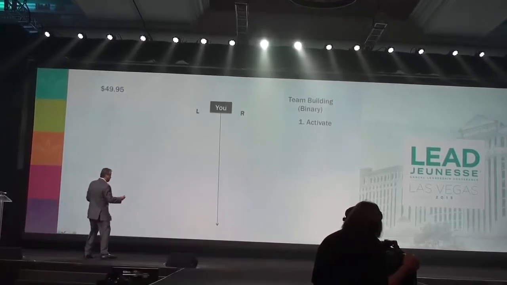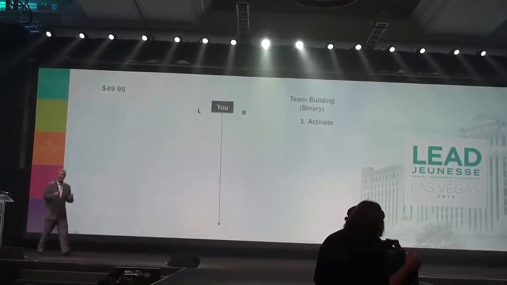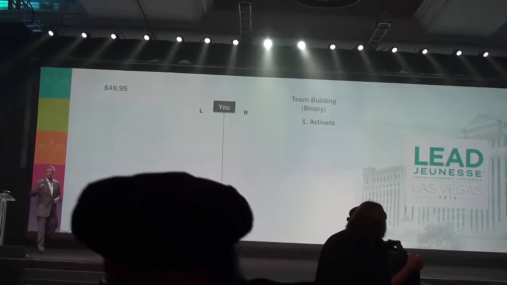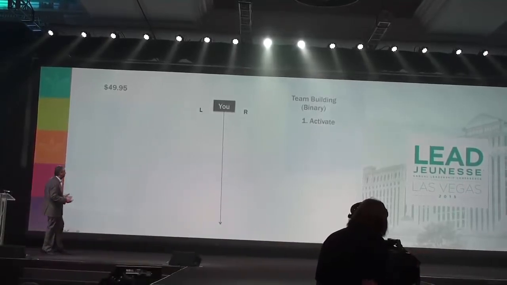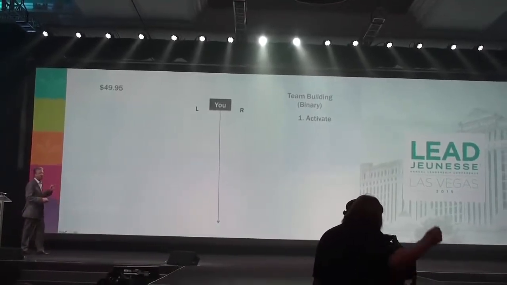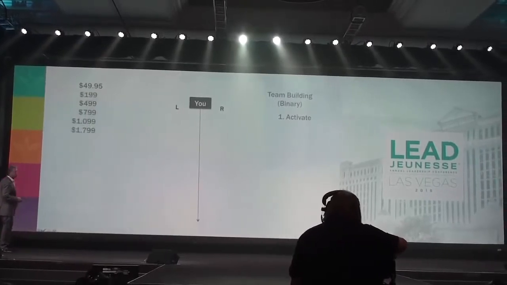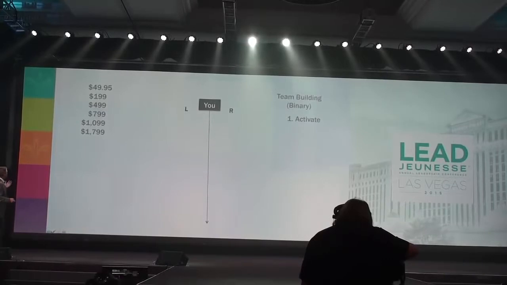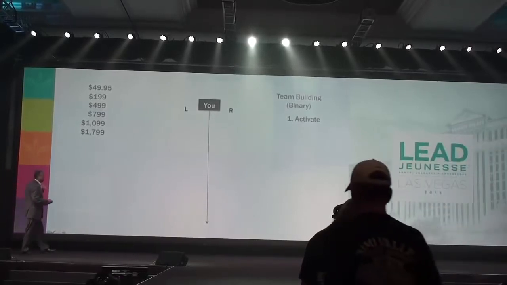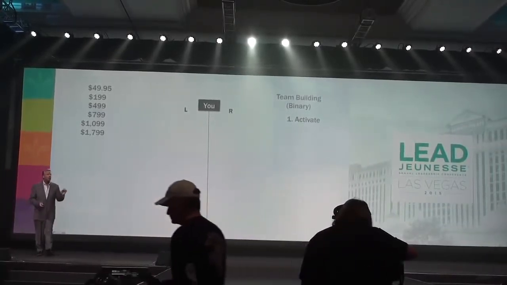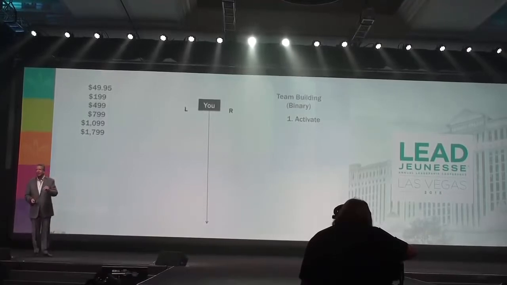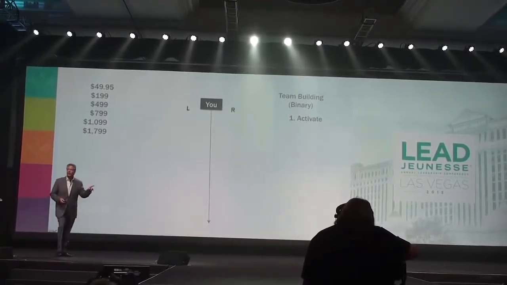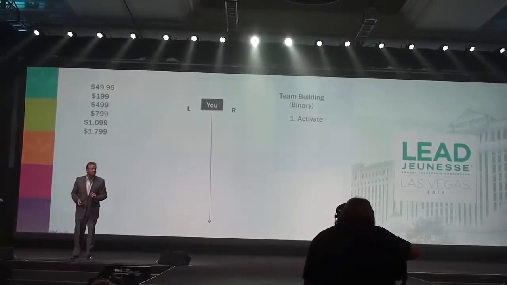That's what this is about, creating the community. They track the community that you build here, and they divide it up into two teams. You're going to build a left team of people and a right team of people. But the first thing that you have to do is activate. What does that mean? You select the product package. And essentially, you have options: $199, $499, $799, $1,099, $1,799. The more you spend, the more you get. And is inventory an advantage in our business?